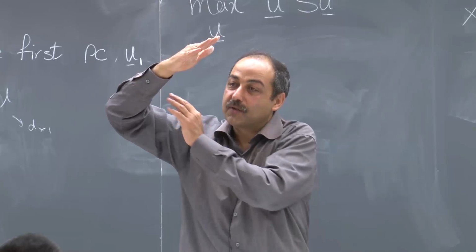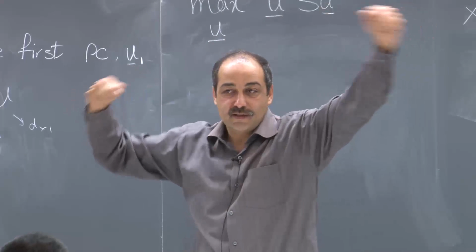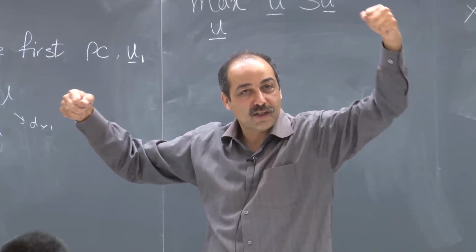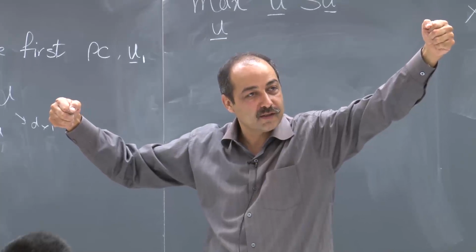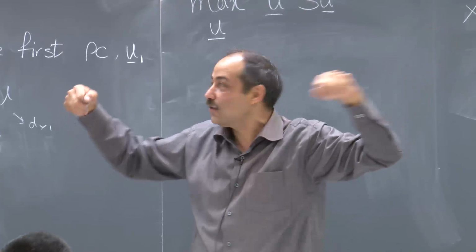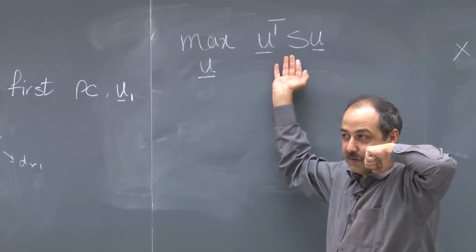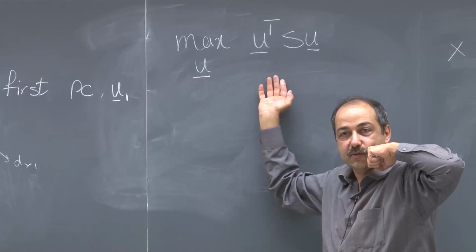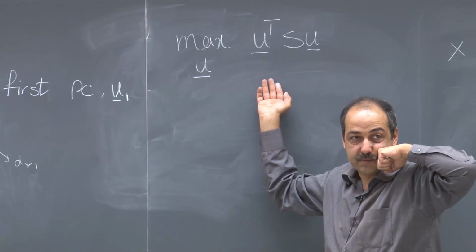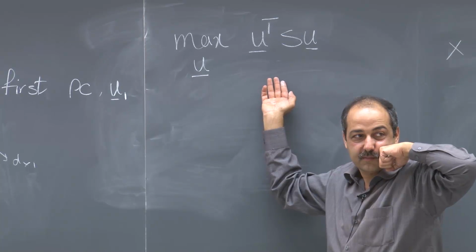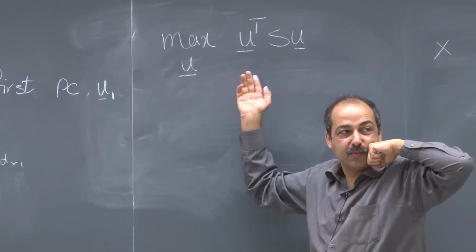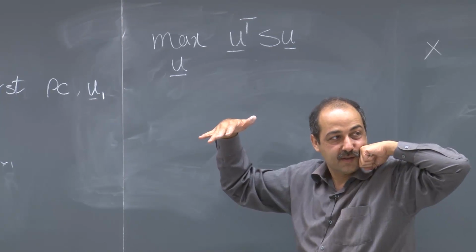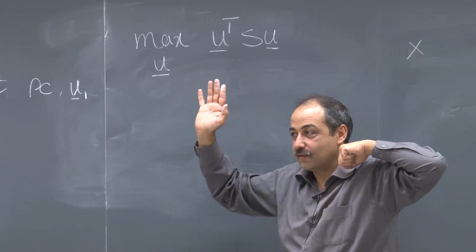Any U that you give me, I can extend it. I can change the length of this U as much as I like, and it's going to be larger. So there is no upper bound. So this is an ill-defined problem. You can't maximize U transpose S U. There is no maximum. So we have to make this problem well-defined first, and then solve.